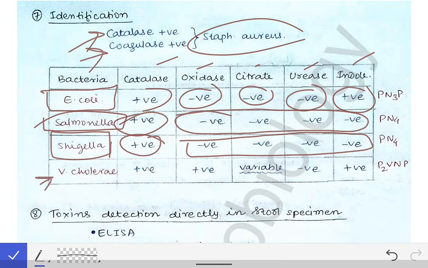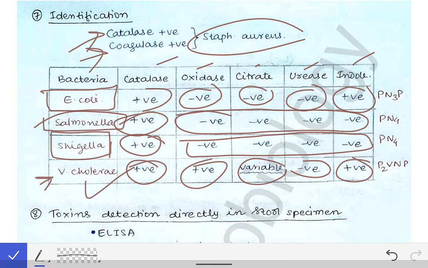In Vibrio cholerae, if you see that the catalase, oxidase and indole are positive, but the urease is negative and citrate may be positive or negative, then we may think of Vibrio cholerae here. So by this we will narrow down and come to the diagnosis of what is the organism which has caused this food poisoning.